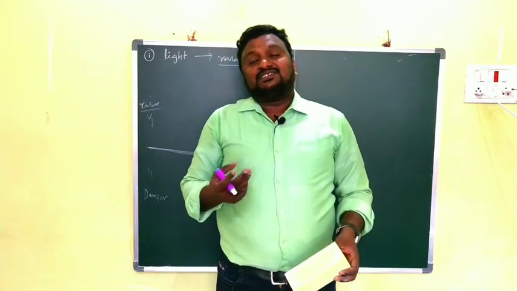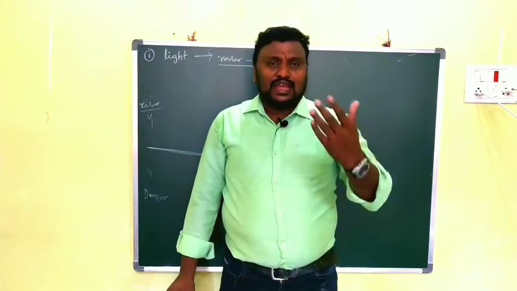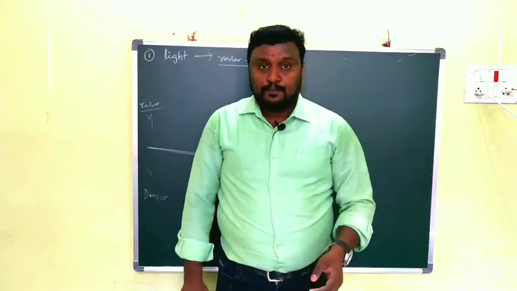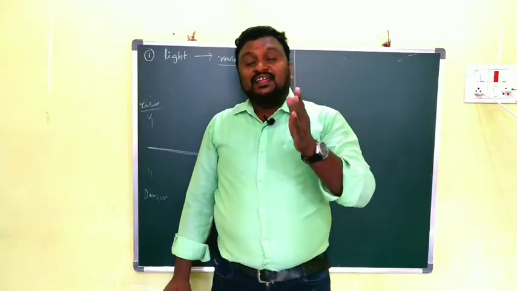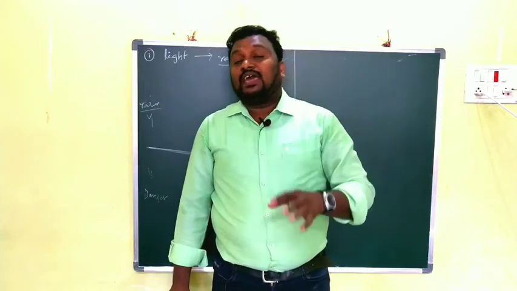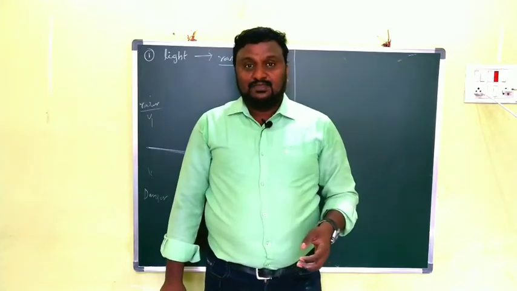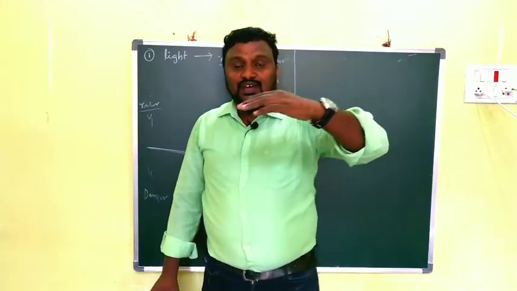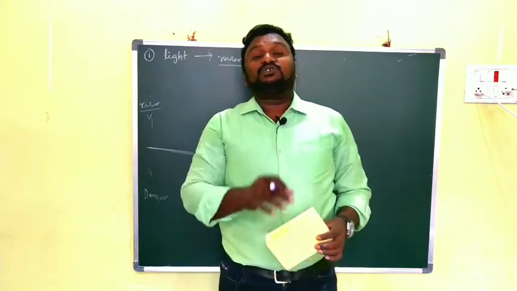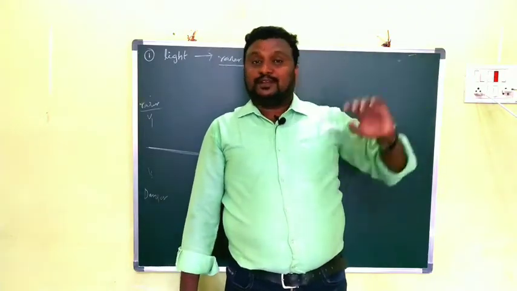Clear? Children, my aim is to say that the same light moves with different velocities in different media. While the light is moving in air, there is no obstruction by the air molecules, or even if there is, it is very small. So it has more speed.